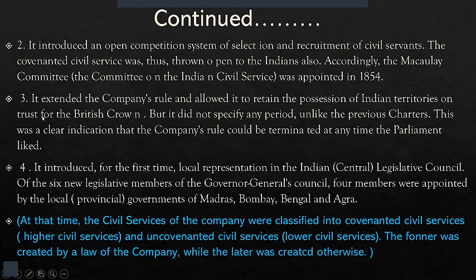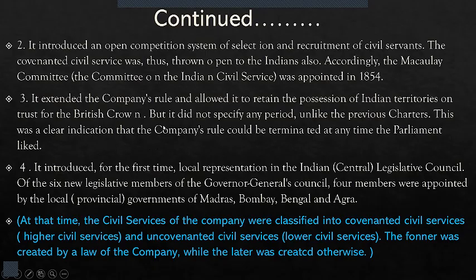Okay. So next, it extended the company's rule and allowed it to retain the possessions of Indian territories on trust for the British Crown, but it did not specify any period unlike the previous charters. This was a clear indication that the company's rule could be terminated at any time the Parliament liked.